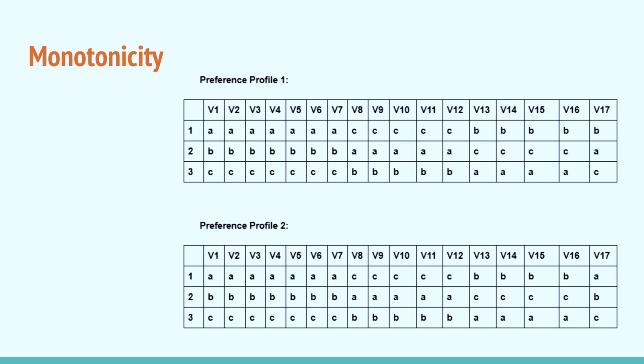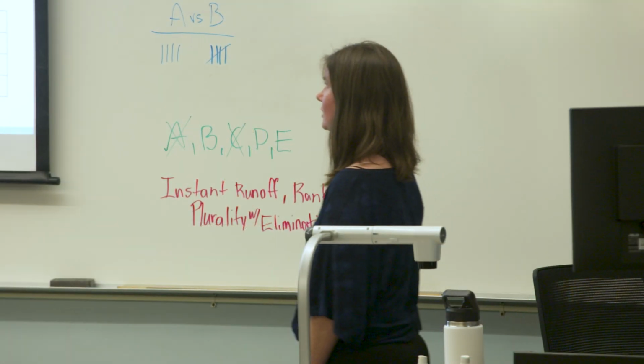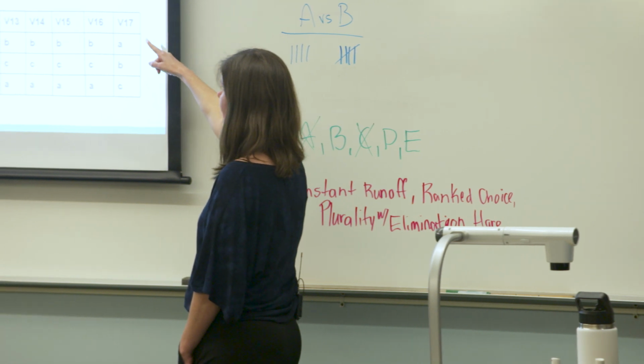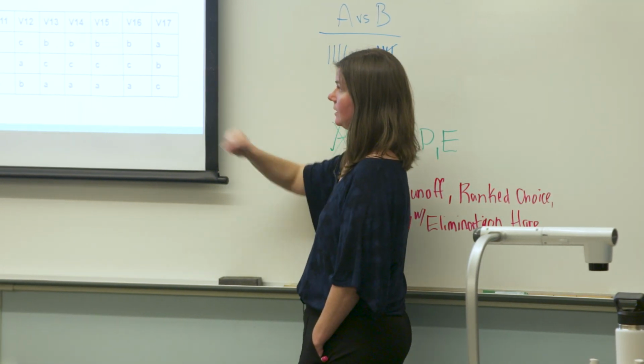So there's a slight difference between these two preference profiles. See if you can spot it. Does anyone see where they're different? Yep, the last column. So the last column here, we've got BAC, and the last column here, we've got ABC.